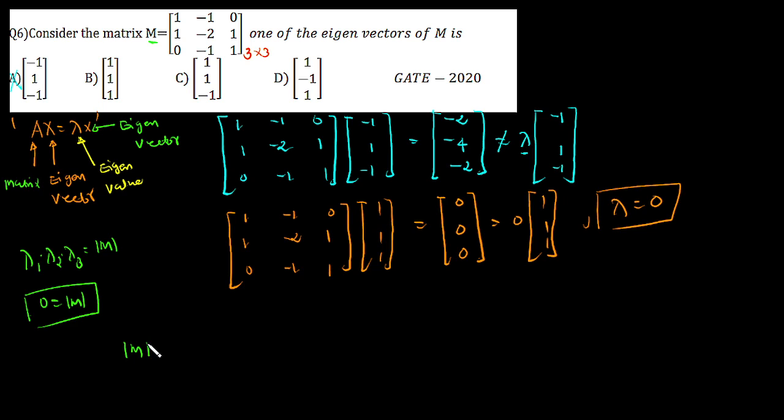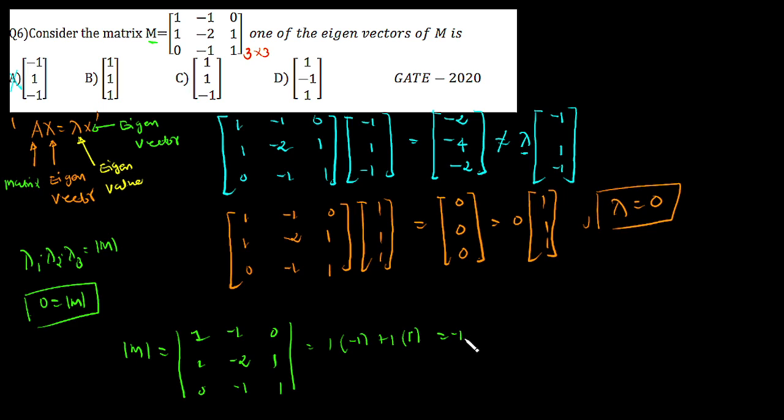So let's find the determinant of this matrix M. Simply, 1 -1 0, 1 -2 1, 0 -1 1. Now here, -1 plus 1 times, sorry, here again we are getting +1.